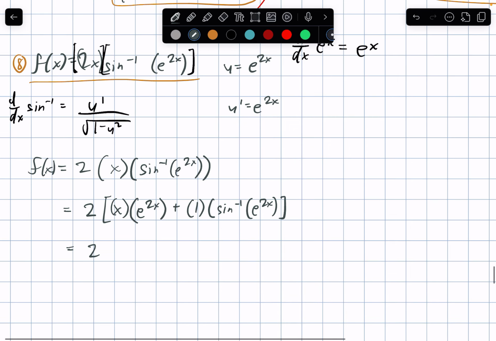Am I missing something? Yeah, I think this is 2e raised to 2x. So times 2.